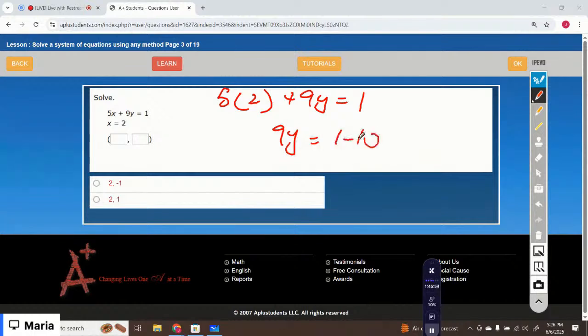That is 9y equals 1 minus 10. 9y equals negative 9, y equals negative 1. So option number 1 is the correct option.